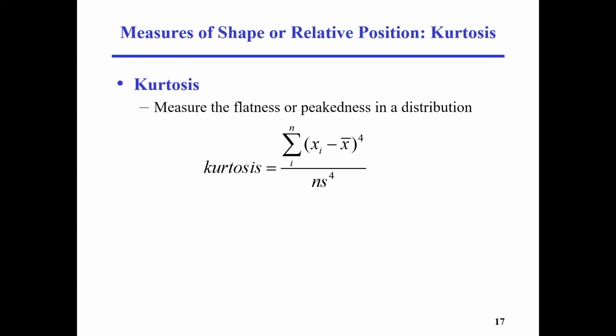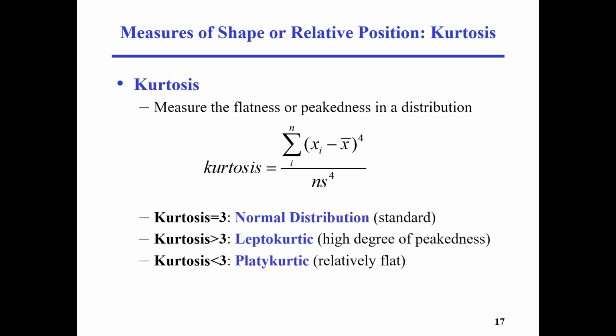Instead of that, we calculate the distance between each observation and mean value to the power of 4 instead of 3. Similarly, for standard deviation, it's still to the power of 4 instead of 3. If you change these powers to 3, then you're talking about skewness, right? So for kurtosis, if kurtosis is equal to 3, then you have a normal distribution or standard distribution.